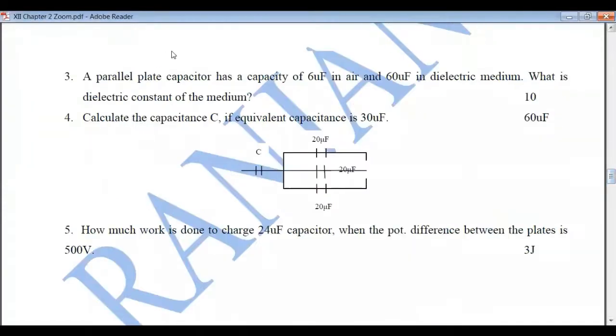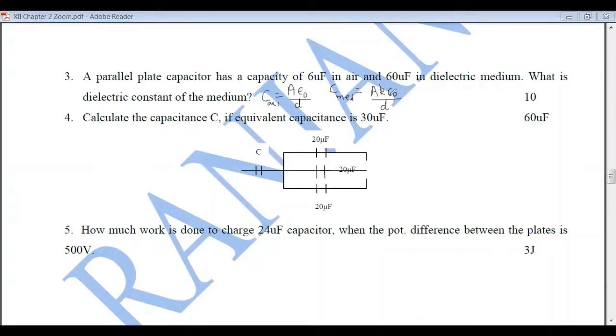Number 3: a parallel plate capacitor has a capacity of 6 microfarad in air and 60 microfarad in a dielectric medium. What is the dielectric constant? In air, the capacitance is given by A epsilon naught upon D. Whereas in a dielectric medium, the capacitance will be A into K epsilon naught upon D, where K is the dielectric constant and D is the separation.